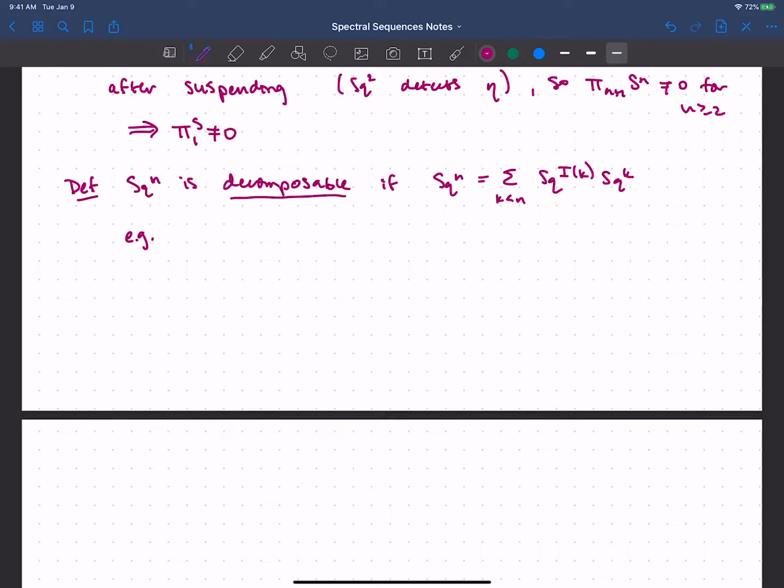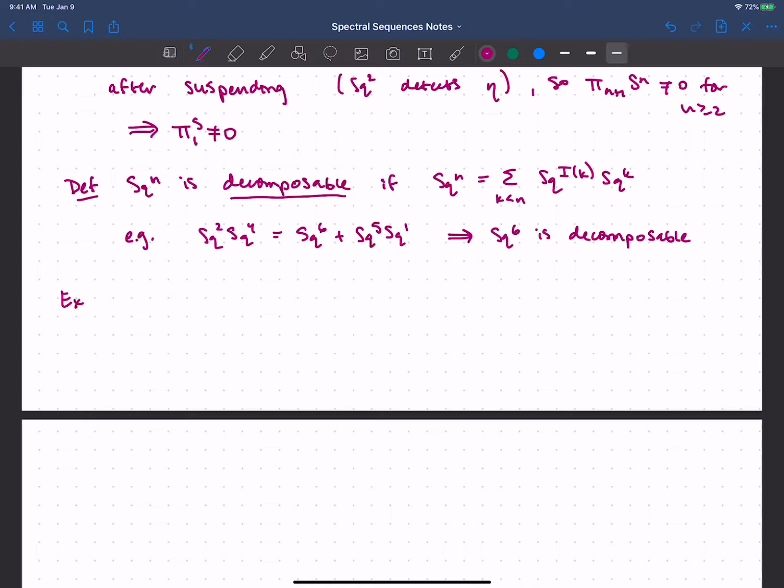So maybe just to have an example, you play around with the Adem relations and you see, oh, 2 is less than 2 times 4. Okay, so I can do an Adem relation, and I calculate my binomial coefficients, and I'll get Sq 6 plus Sq 5 Sq 1. So that was really a Sq 6 Sq 0, right? And so this tells me, by solving for Sq 6, that Sq 6 is decomposable. It's really just the sum of Sq 2 Sq 4 and Sq 5 Sq 1. Since I'm working mod 2, I don't have to worry about minus signs, which is nice.